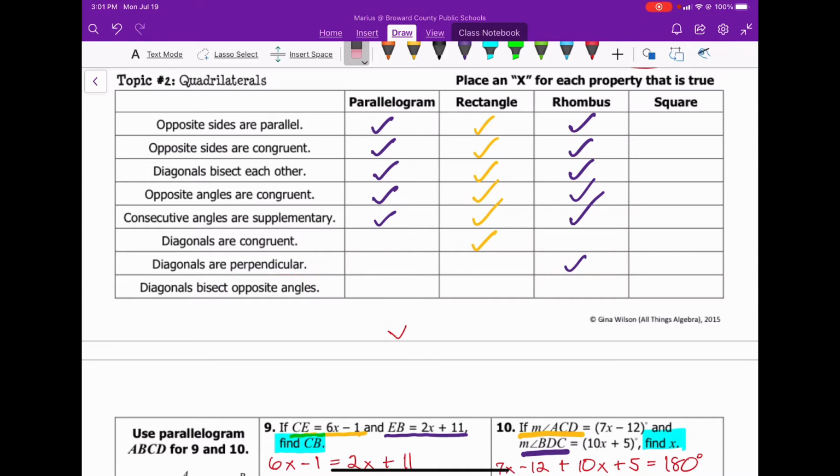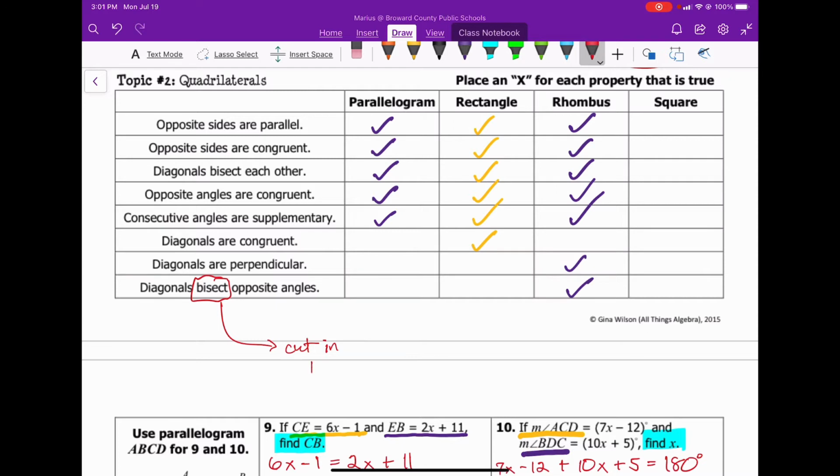Now, the last thing is that the diagonals also bisect opposite angles. And remember, bisect means to cut in half, okay?